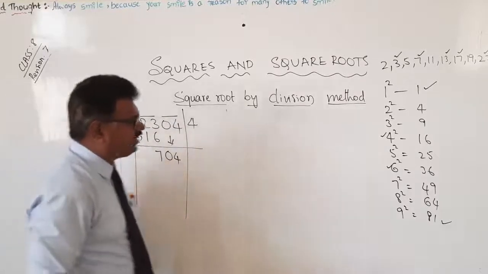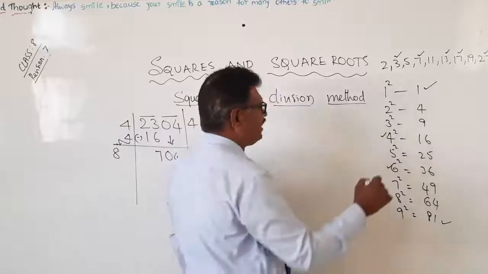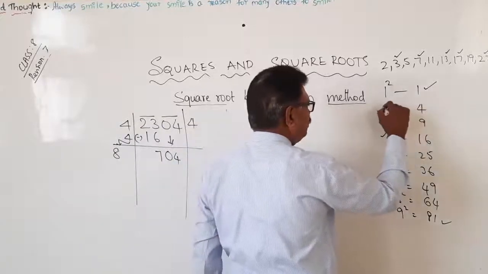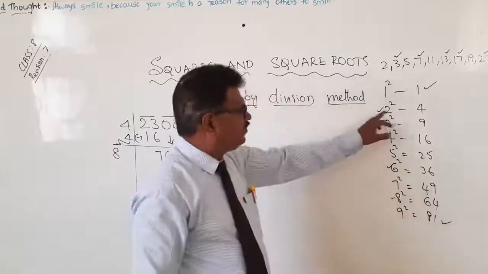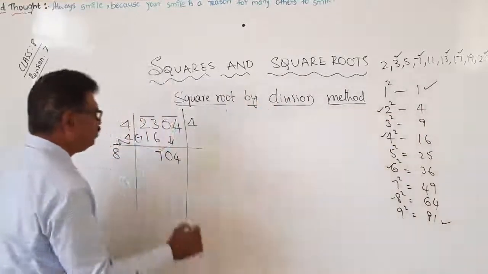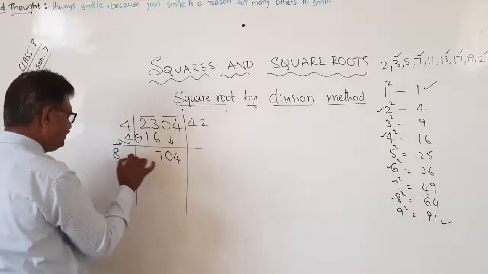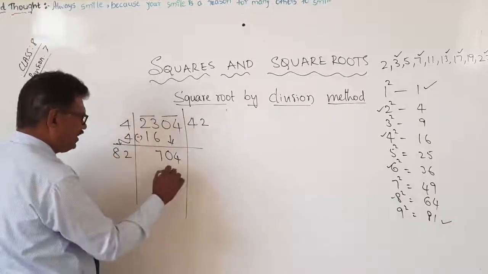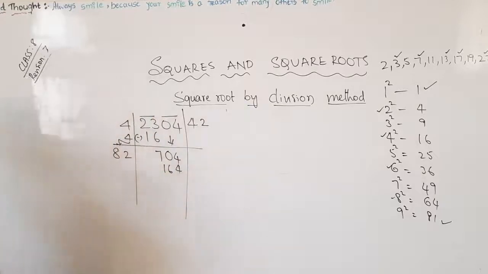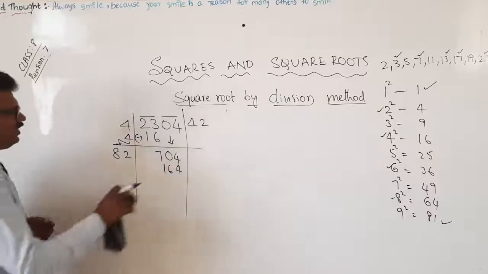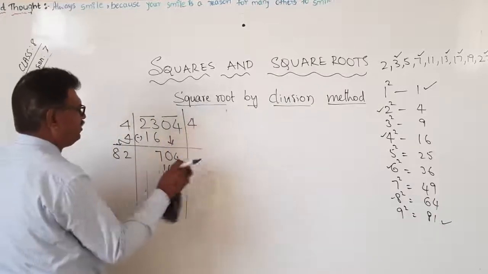Now 4 is there. 4 means there are chances of 2 square or 8 square. So first we will see 4 only. 2. Therefore here 2 means here also 2. 2 2s are 4. 2 8s are 16. Will it go? No. That means our assumption is wrong.